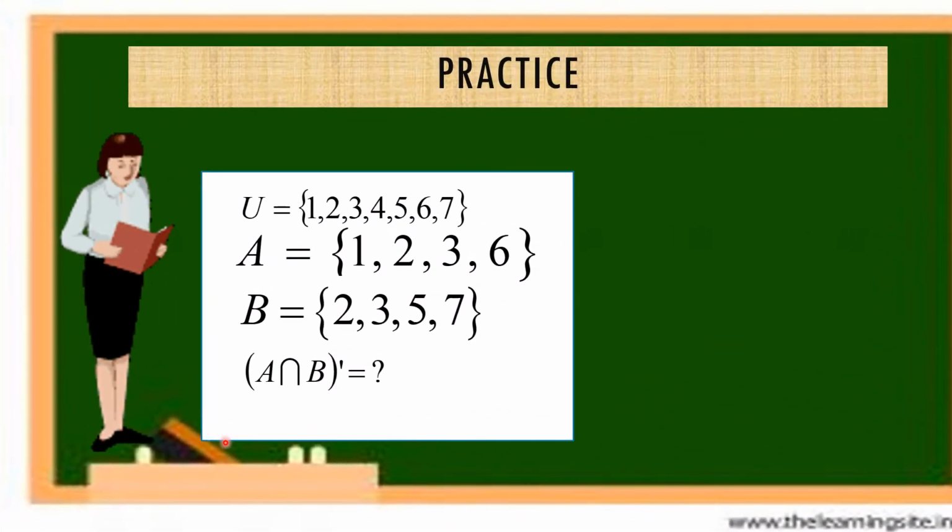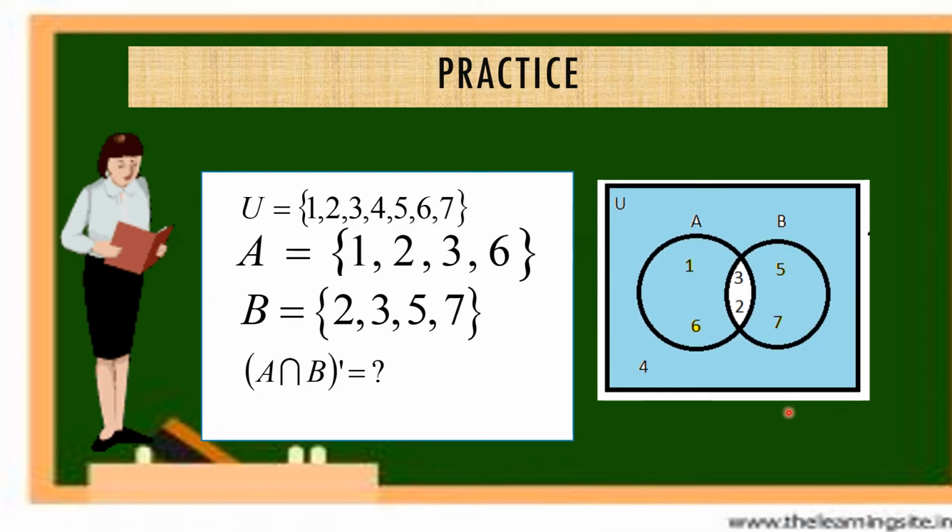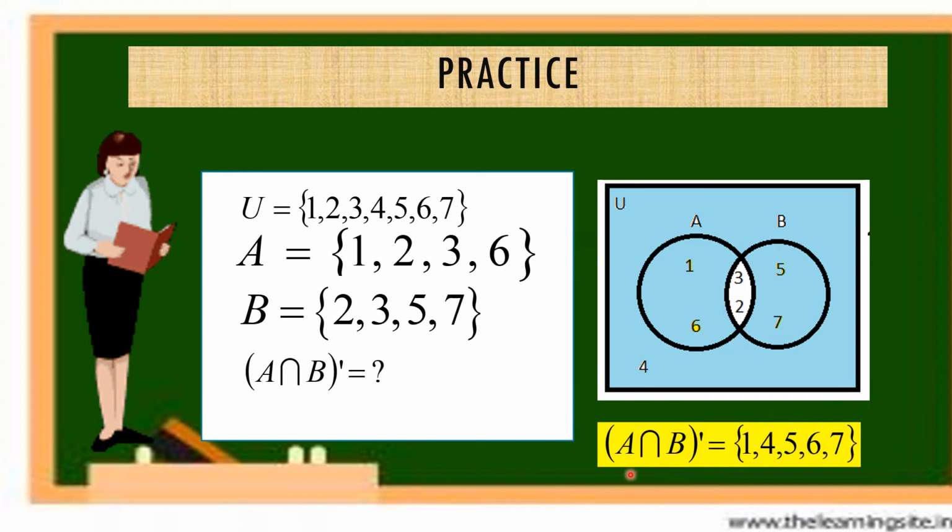We need to find (A intersection B) prime, or the complement of A intersection B. That is what is in U that is not in A intersection B. So we have the colored portion of the Venn diagram. Therefore, what is our answer? (A intersection B) prime equals 1, 4, 5, 6, and 7.